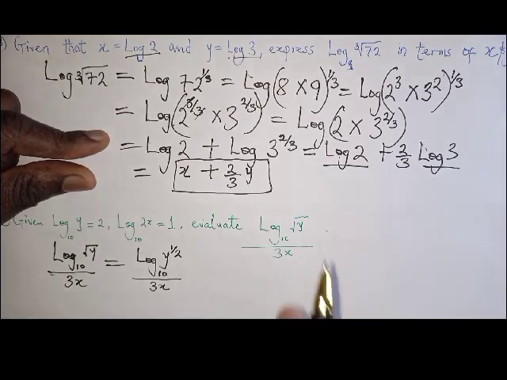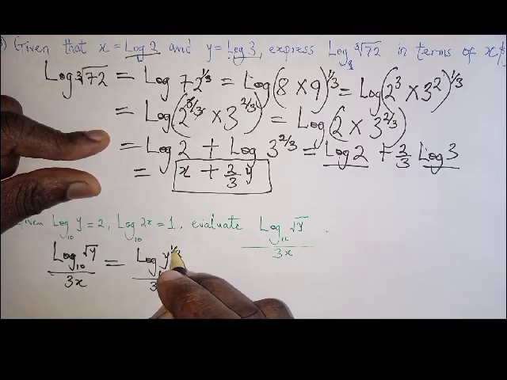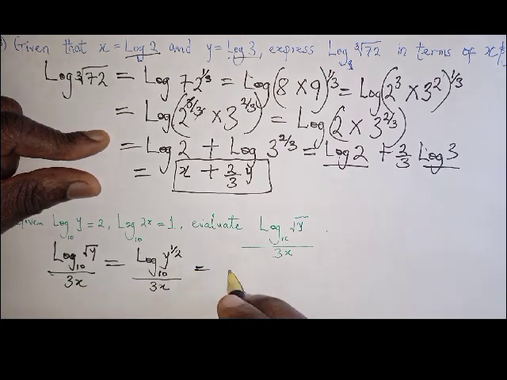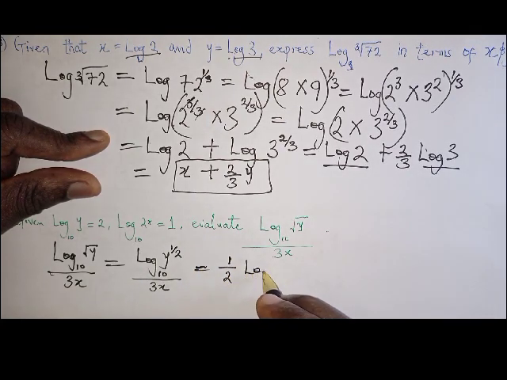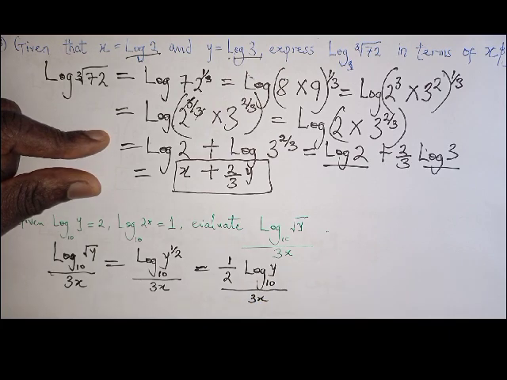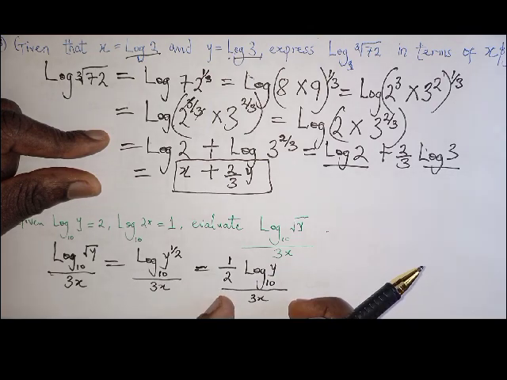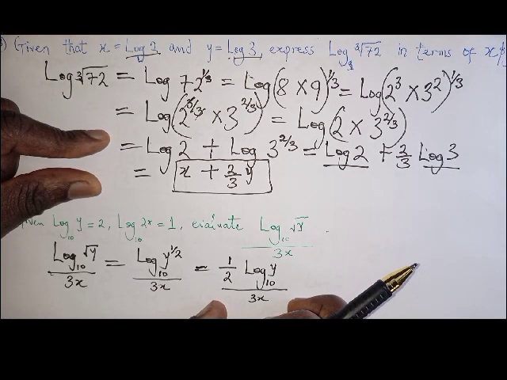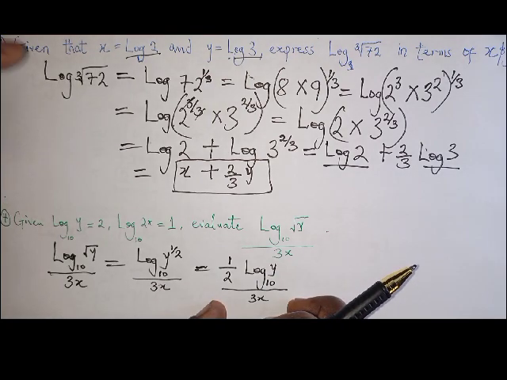Then the next thing we'll do, I'm going to move this to the other side so it becomes half log y in base 10 all over 3x. So now that I have this expression, I'm going to keep it there and then I'll do something.